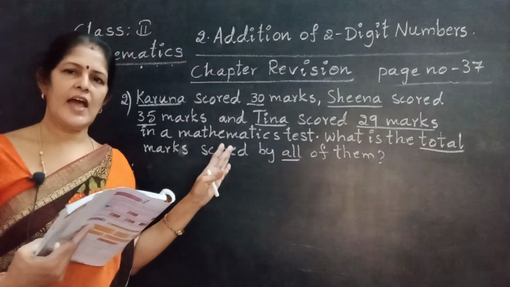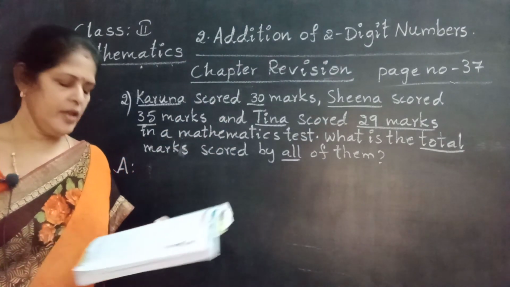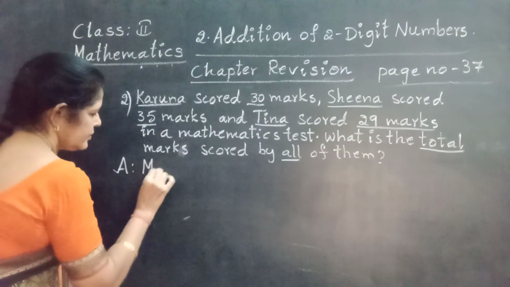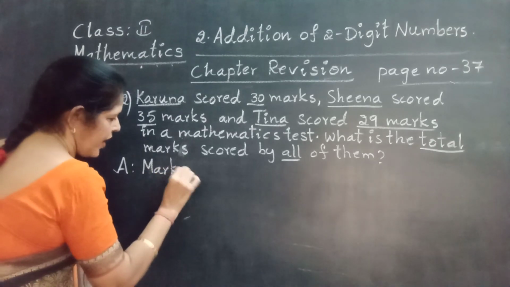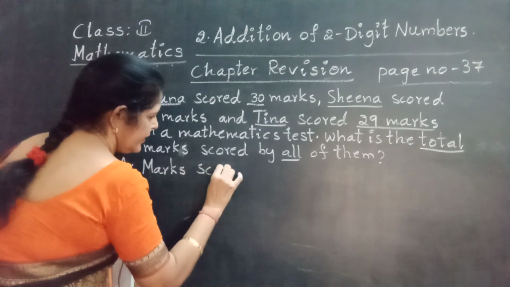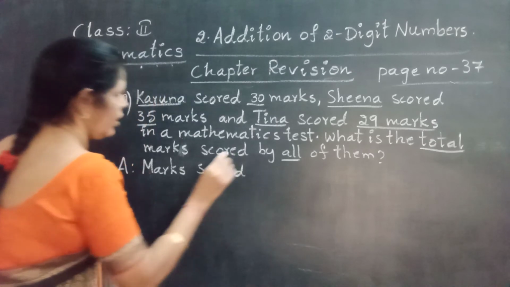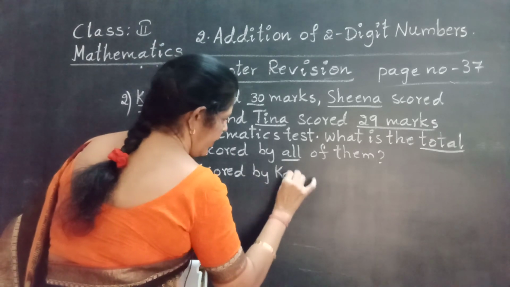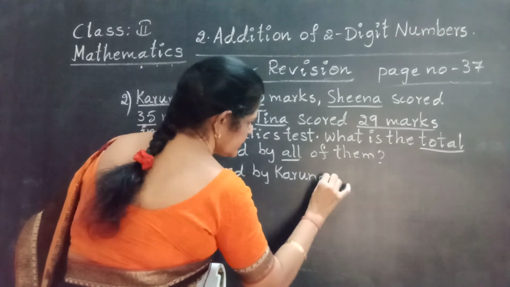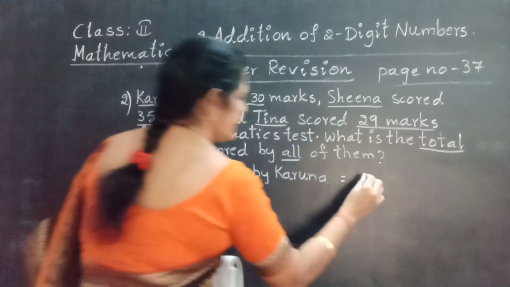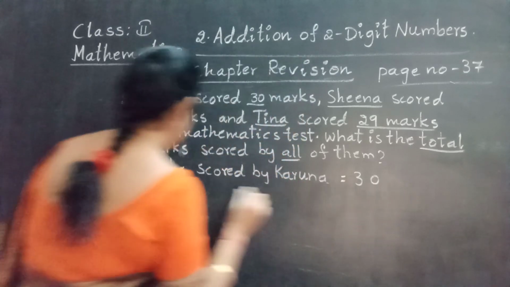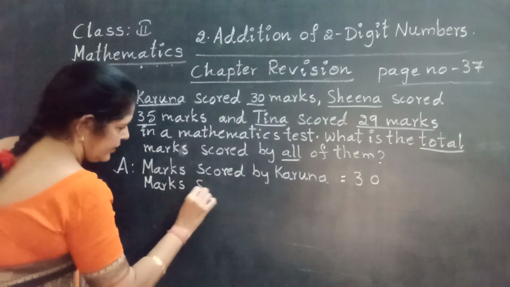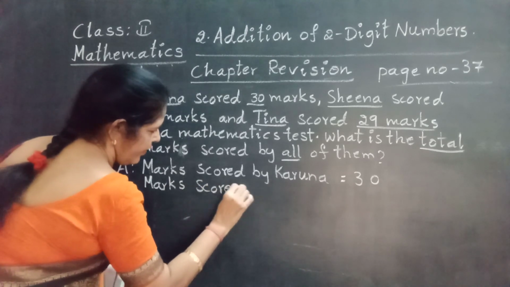You write this question also in your homework book. Can I write the answer? Marks scored by who is the first person? Karuna. How many marks? 30. Next, marks scored by Sheena.